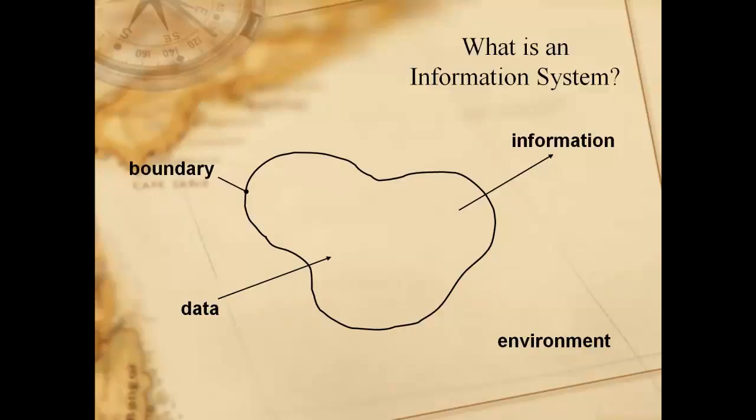So as a system, it needs to be a collection of components. What are the components associated with an information system? Well, there are 5 that we're going to talk about: hardware, software, people, data, and processes. So there are a lot of components to this information system. What you'll be doing in the lab is using software and hardware to work on that data.